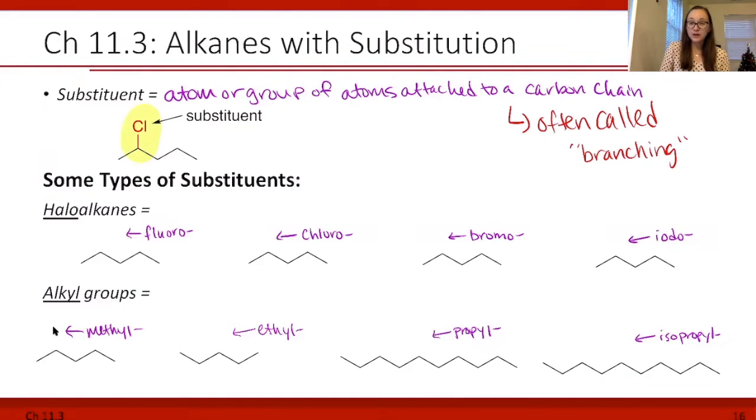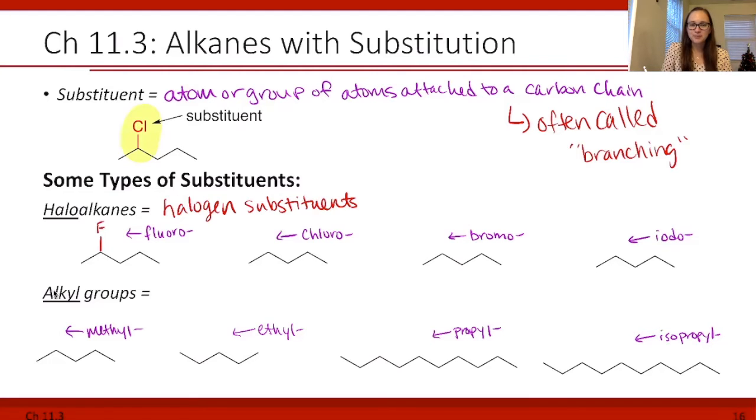We can have a variety of different types of substituents, but the two that we're going to talk about are haloalkanes, which are halogen substituents, and then alkyl groups, but we'll get to that in a second. Examples of a haloalkane: we could have a fluoro group.